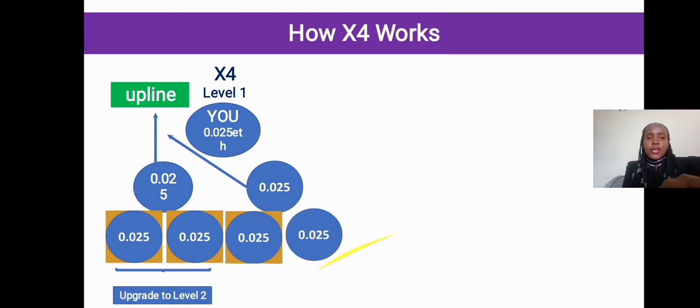Under you, in X4, we have 6 places. In these 6 places, for you to activate the first place, you need 0.025 Ethereum, just the same way as in X3. Here, as you can see, the first 2 places in the first line, the system places people in your ecosystem.